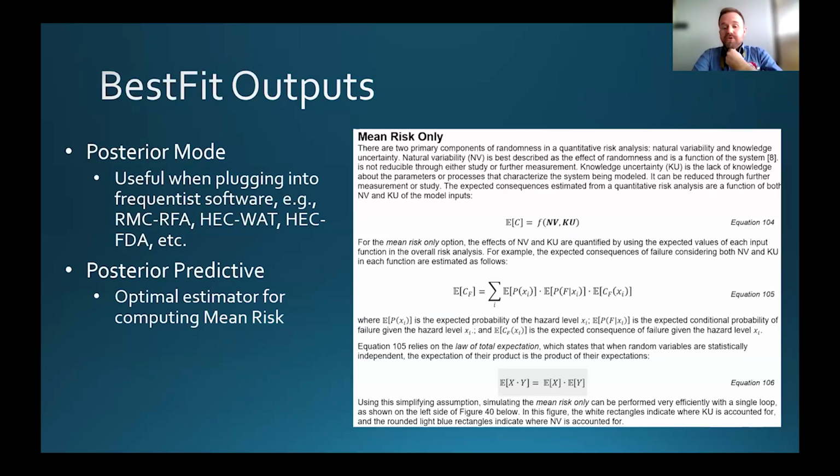This is due to the law of total expectation. So from a decision theory perspective, using expected annual damages, the posterior predictive is the optimal estimator. You will not get the correct answer if you use the expected parameter quantile, if your goal is to get the correct expected consequence. We can cover more of that maybe in the Q&A, but that's the motivation for those outputs.